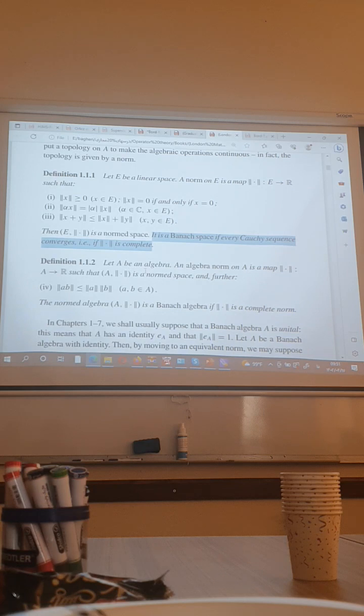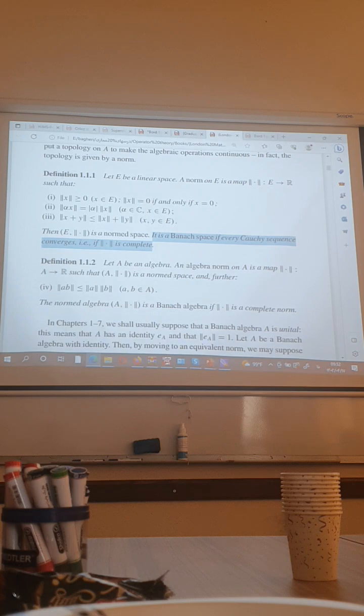Let A be an algebra with a norm on A, an algebra norm, such that we have this property. Then we say that this algebra is a Banach algebra. The normed algebra A with this norm is a Banach algebra if and only if this is a complete norm.